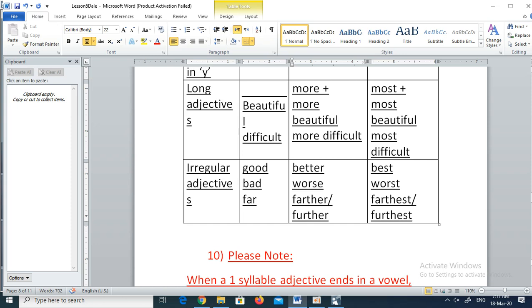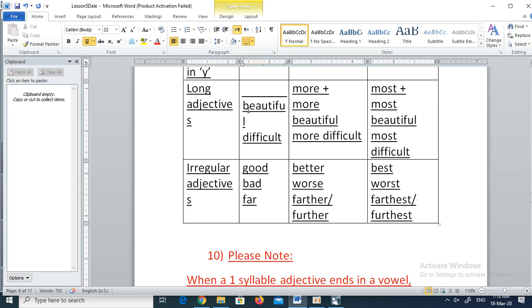These are, in fact, the simplest adjectives to change into the comparative form and the superlative form, because with these adjectives, all you do is you take the positive form and you add the word more in front if you want to make the comparative form, or you add the word most in front if you want to make the superlative form.